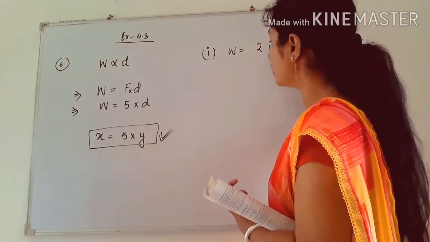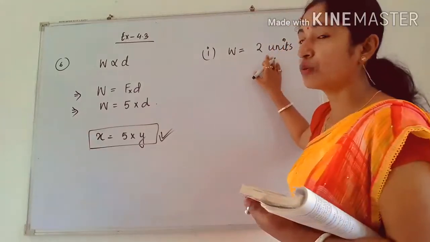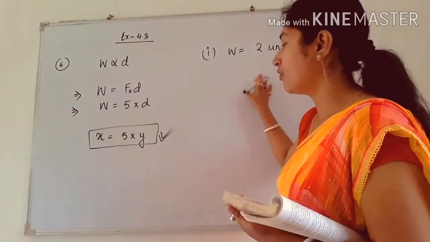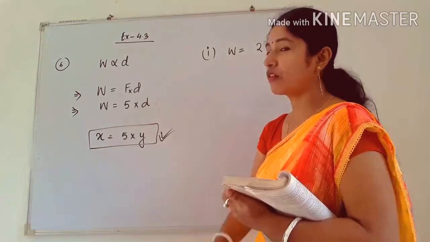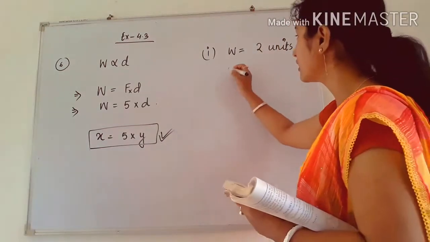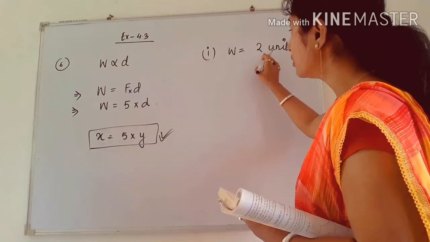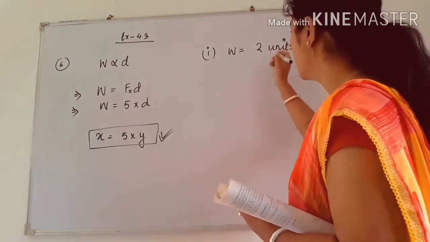So what we have to do, in place of W, or we can say x, in place of x we have to put 2, and by that way we can easily find the value of y, and y is what? Y is the distance travelled by the body. Okay, so next step will be to put the value of W in the equation.